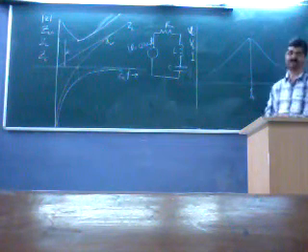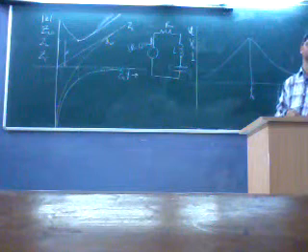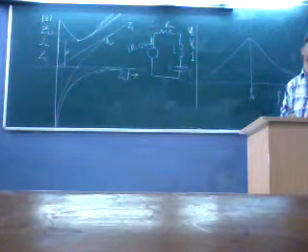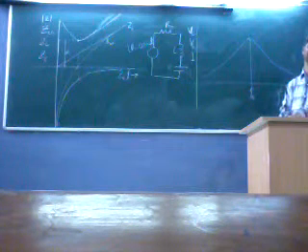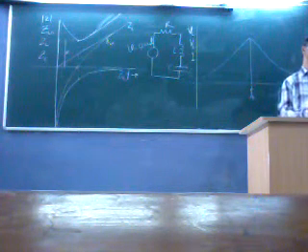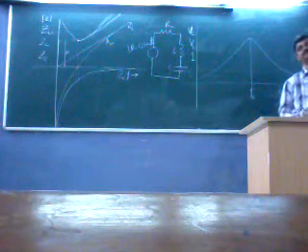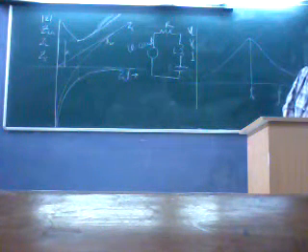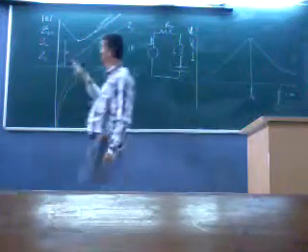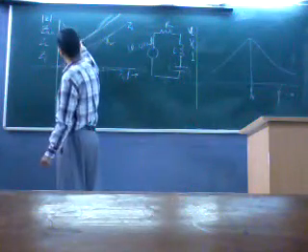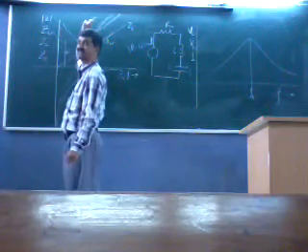Then what will happen to the voltage across the inductor? As frequency increases, it will go on continuously increasing. Now look at the total impedance. Total impedance is also increasing on both sides.